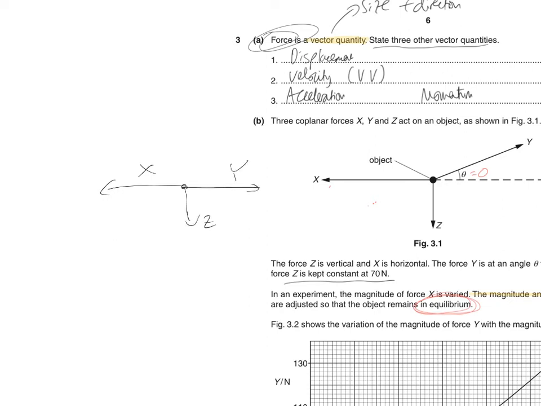We know that Z is always equal to 70 newtons, so that's not going anywhere. Now, the good news is X and Y can balance. That's fine, that can be in equilibrium. But the problem is Y is offering no component in the vertical direction to balance out this 70 newtons. So this can never be in equilibrium. If you want to try it, get a piece of string, hold one end here and one end here.